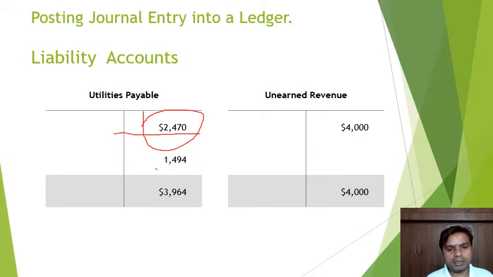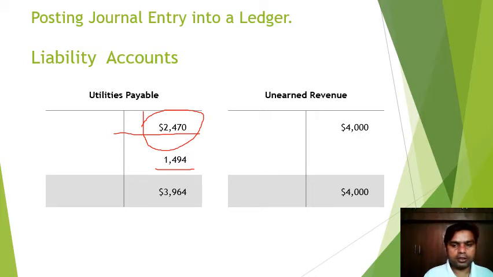Again on January 31 we received a telephone bill of $1494. So again we have to pay this amount in the future. Till January 31 we hadn't paid the telephone bill, that's why again we have written it in the liabilities accounts, on the credit side.